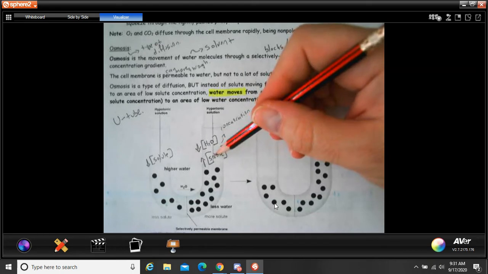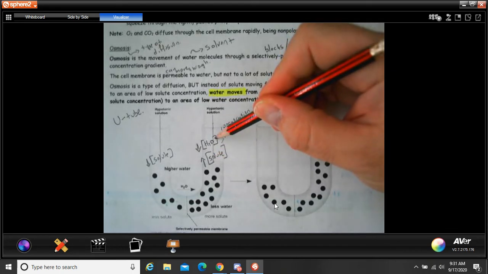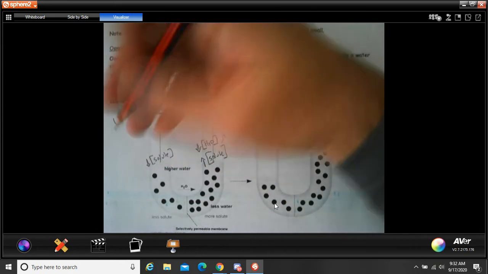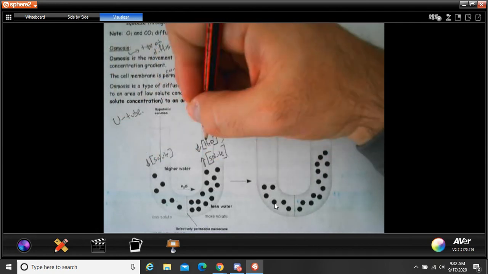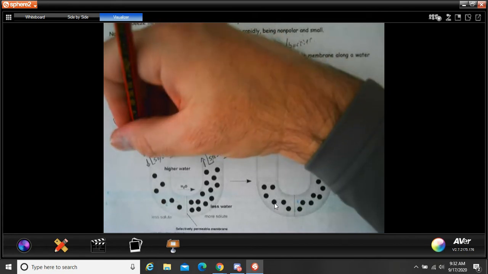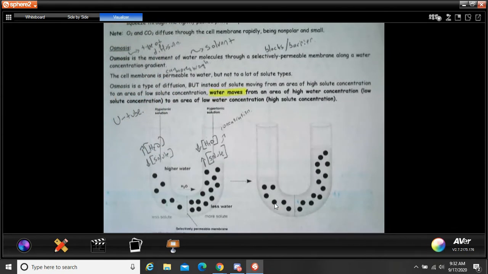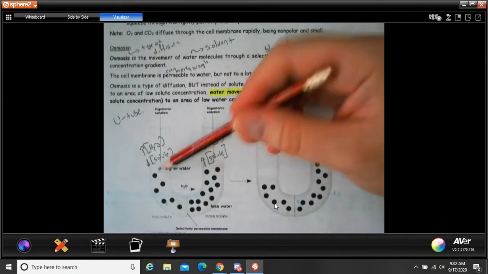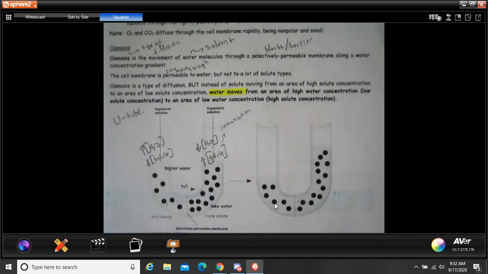If my solute amount is high, I'm going to have low water amount by comparison if the volumes are the same. If this side is low solute concentration, I'm going to have a higher water concentration because our volumes are the same. So I have more water by comparison to the solute, and less water in comparison to the solutes here.